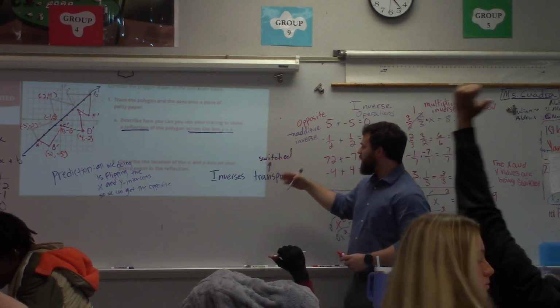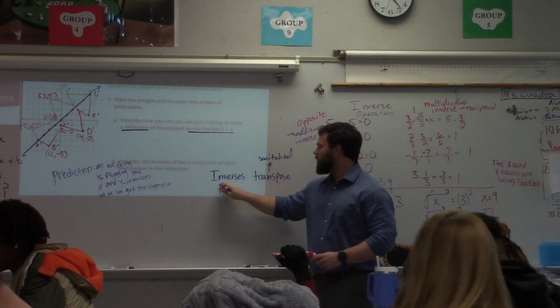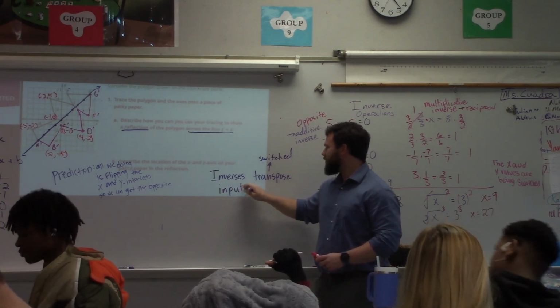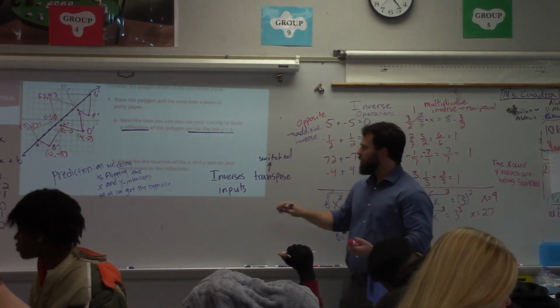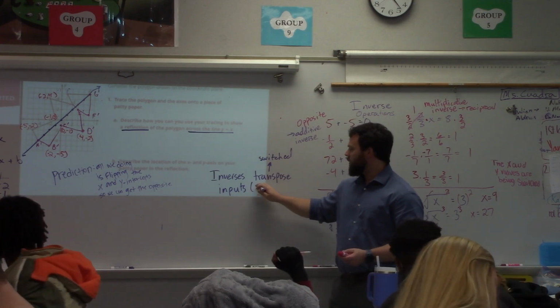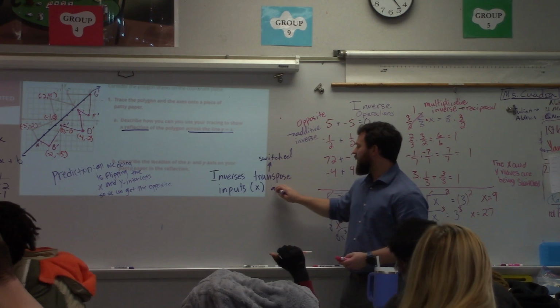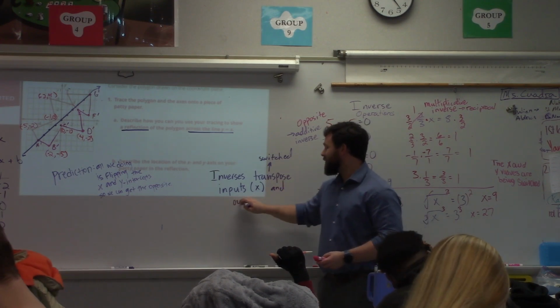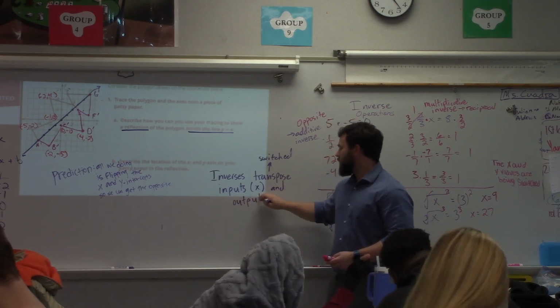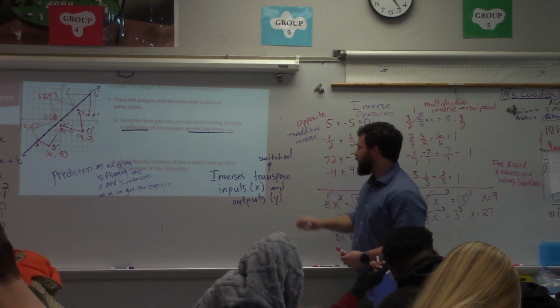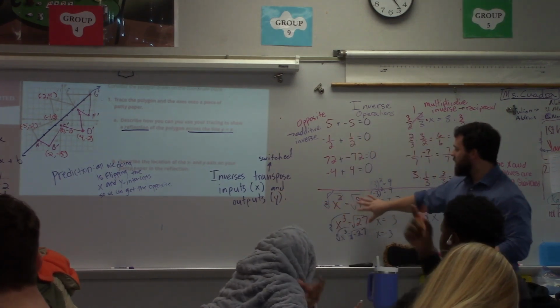So the inverses transpose the inputs, which, what do we call inputs as well? Are they X or Y? They're the X, right? So the inputs and outputs, that's it. So we see that connection here to inverse operations.